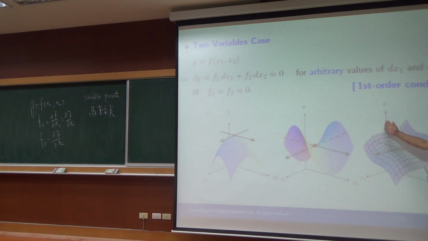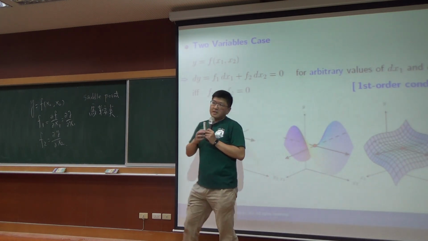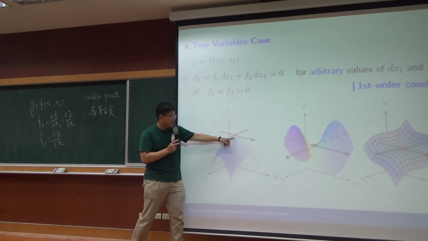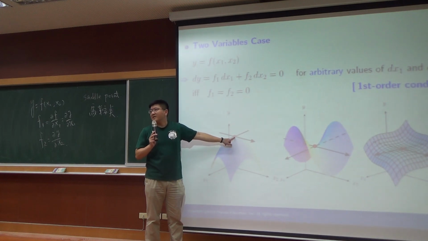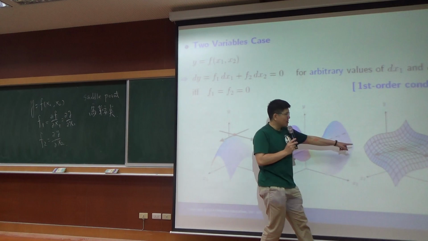Okay? It's inflection along x2, inflection along x1. So the red point, we call it a stationary point, right? Stationary point.